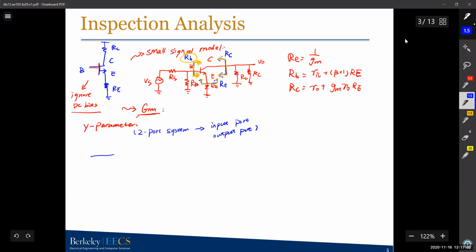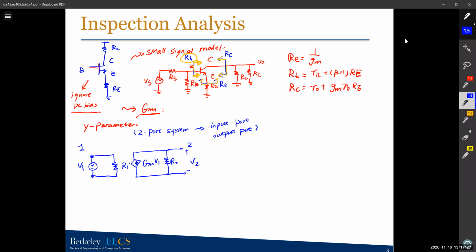You have a port 1, and you have an R, let's call it Ri. Then you also have a current source, capital Gm times V1, and an RO here. This is port 1, this is port 2. So it has V1 and plus minus V2. So this is the Y parameter model.